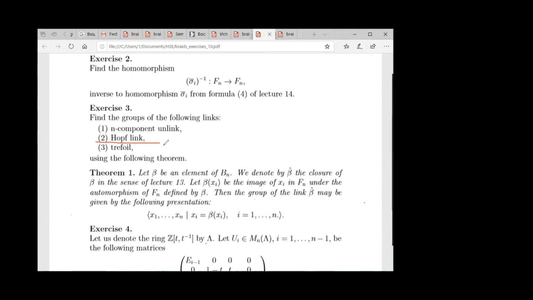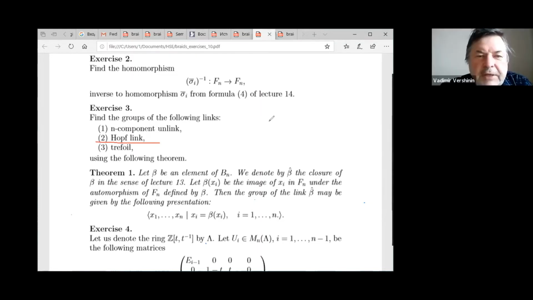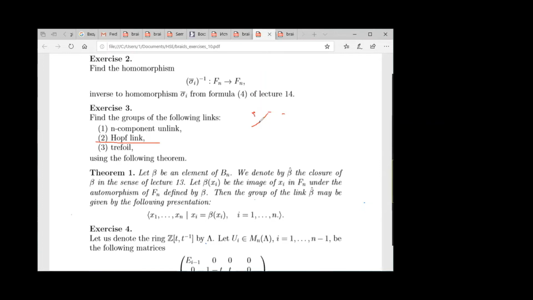Let us take the braid sigma 1 squared. So we take our braid, sigma 1, two lines and sigma 1, sigma 1.